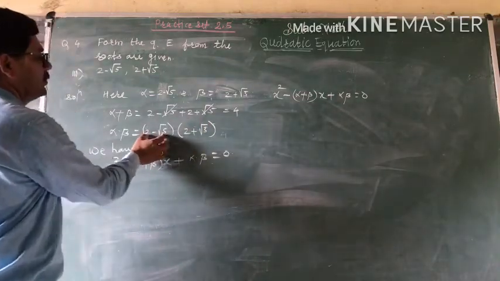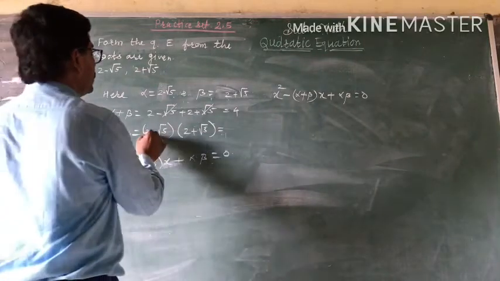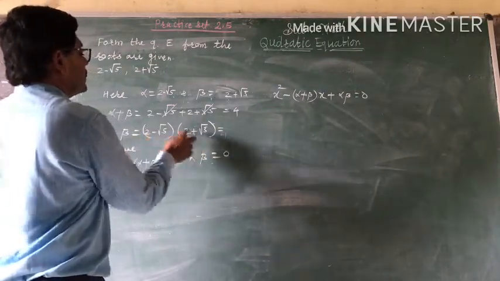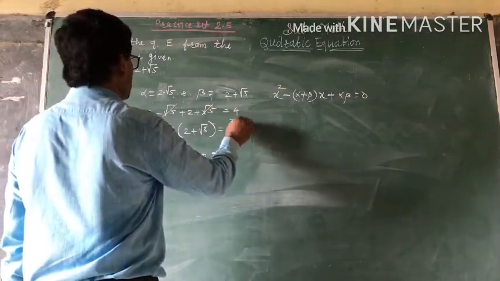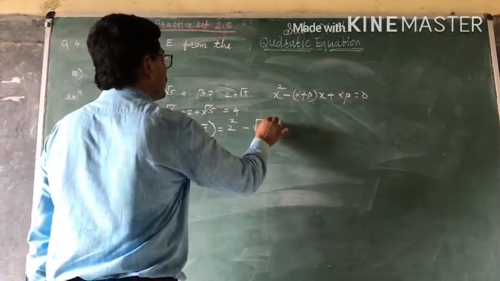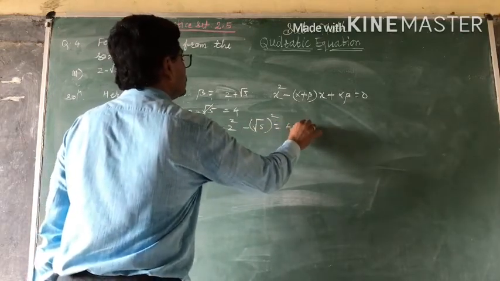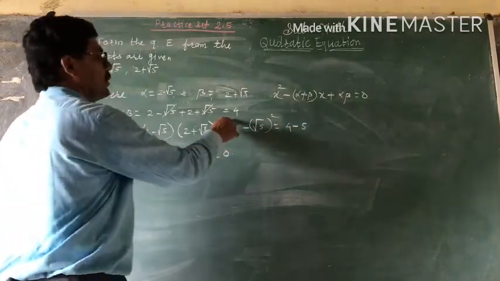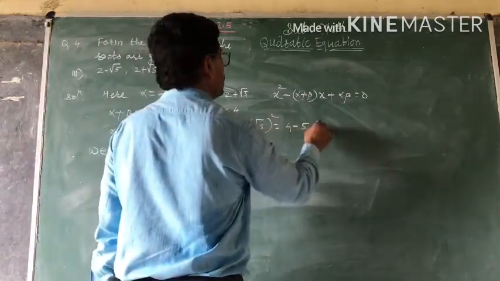If the two terms have a minus sign and a plus sign, then the product is first term square minus second term square, which is equal to 4 minus 5. 2 square is 4 and root 5 square is only the radicand 5, so the product is minus 1.